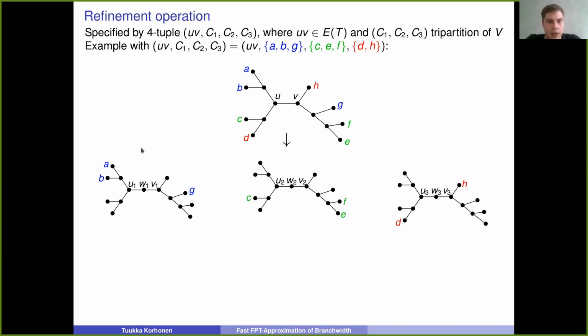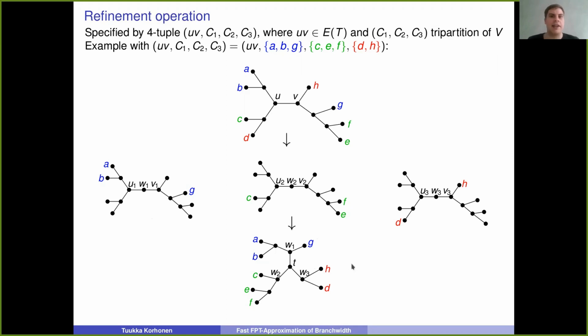Then we have these edges corresponding to UV in each of these, and we subdivide them. So we add a new vertex W here in the middle. Then we merge these 3 branch decompositions to obtain one branch decomposition, and prune the non-labeled leaves away. So now the blue elements live here, the green elements live here, and the red elements live here. Okay, so that is the definition of this operation.